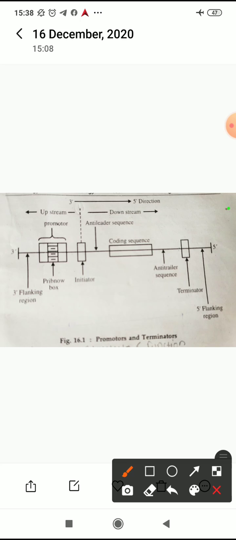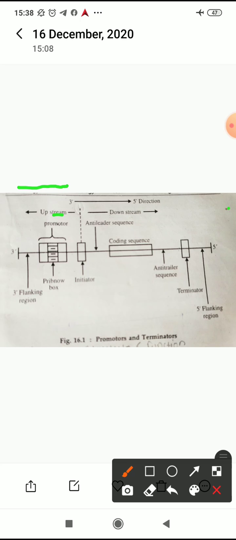However, the non-coding upstream region, see here, you can see the non-coding upstream region here, is organized to form the promoter or promoter region.